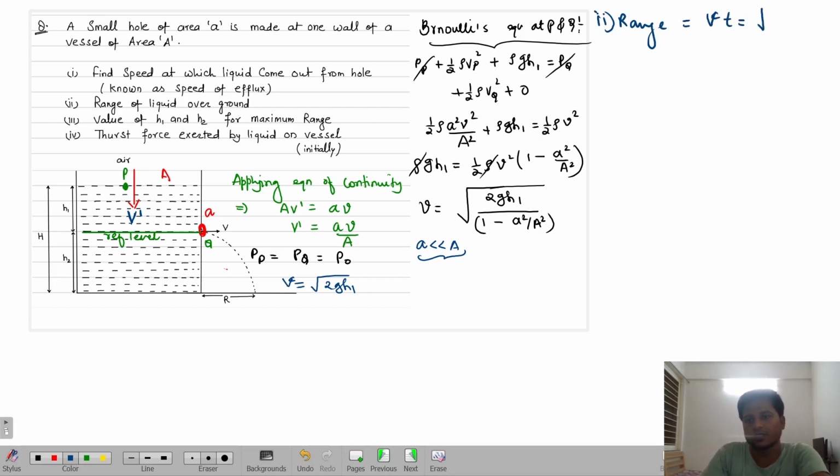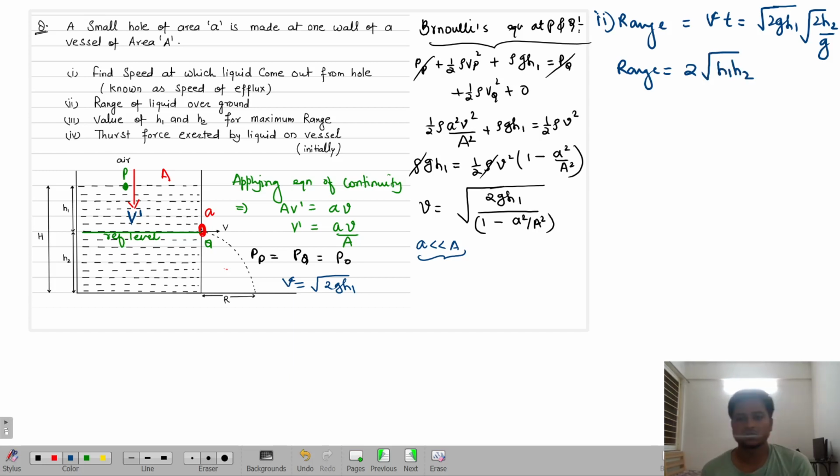Velocity you got, root under twice g h1, isn't it? Time of flight will be root under twice h2 by g. Yeah, g got cancelled, and we got range as 2 root under h1 h2. This you need to remember. This is asked directly in NIT exams. Range is equal to 2 root under h1 h2. Is that clear?